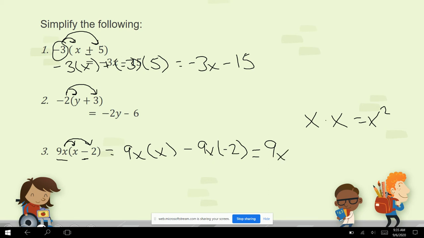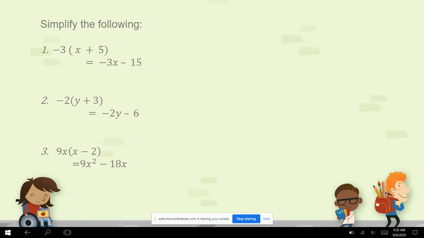So our term is going to be 9x squared, and then we have a 9x times a negative 2, which is going to be negative 18x, and we make sure we keep that x in our multiplication. Oops, sorry, this was a positive 9x, so this should be negative 18x. I forgot, I thought that 9x was negative for some reason.